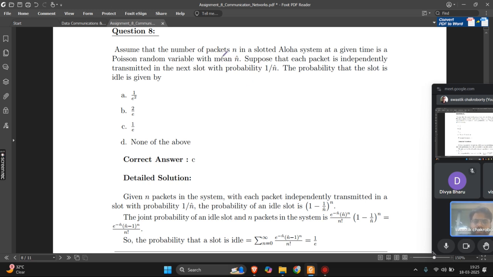So here the thing is that the number of packets in a slotted ALOHA system at a particular time is given to be n. Now each packet is independently transmitted with a probability of 1 by n hat. The probability that the slot is idle. So if there are n packets in the system, slot is idle means that no transmitter has anything to transmit in that particular slot.